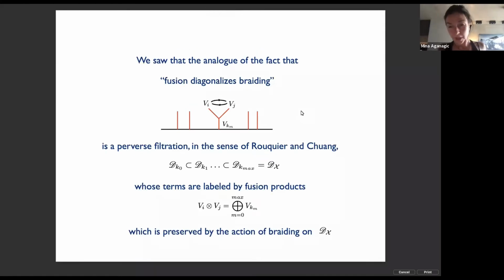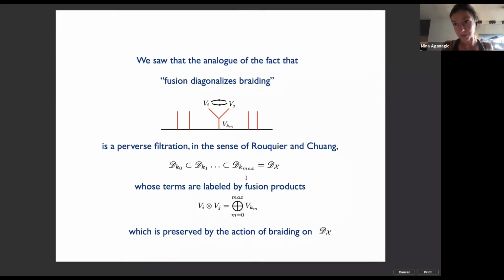So what we saw is that the analog of the conformal field theory statement that fusion diagonalizes braiding is the existence of a perverse filtration, in the sense of Rouquier and Chuang, near a wall in Kähler moduli that corresponds to bringing a pair of vertex operators together.